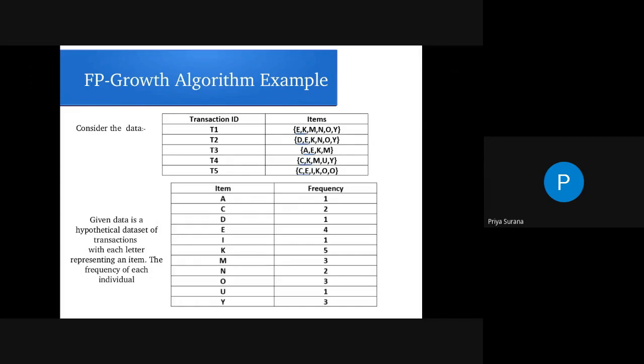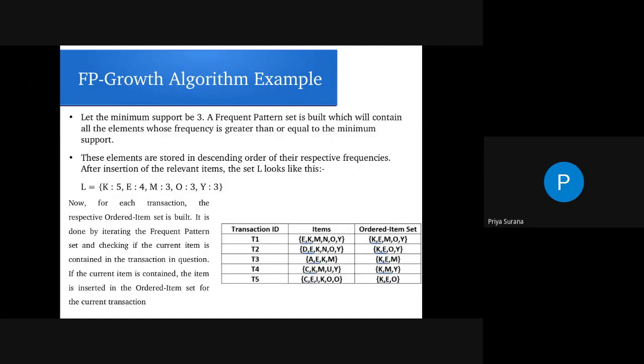A frequent pattern set is built which will contain all the elements whose frequency is greater than or equal to minimum support. And these elements are stored in descending order.